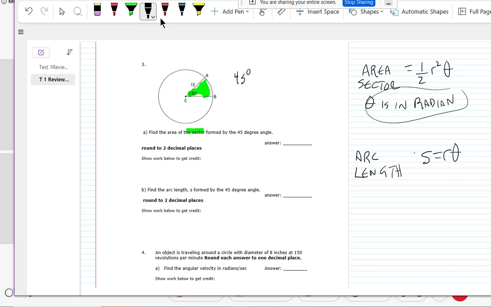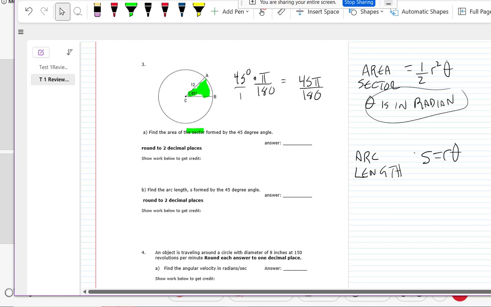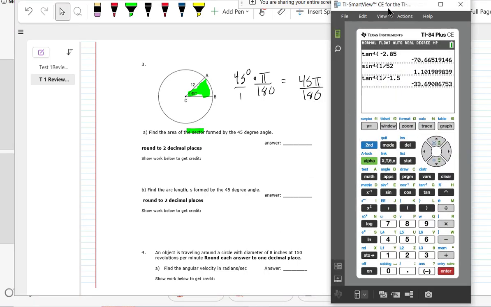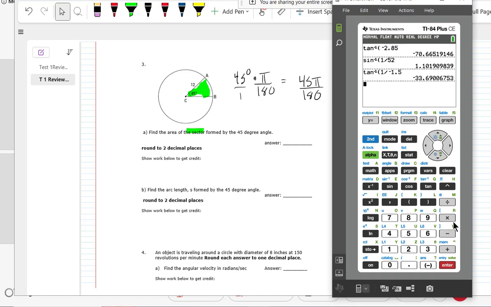The way we learned how to do that is if you take degrees to radians, you just multiply by pi over 180. If you multiply that straight across, you're going to get 45 pi over 180. You can reduce the fraction if you want to, or you can get by without reducing it. By the way, your calculator reduces fractions if you don't know that.